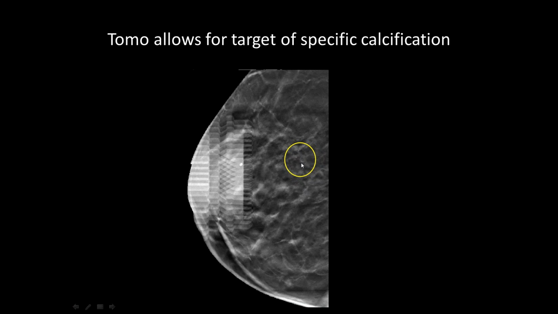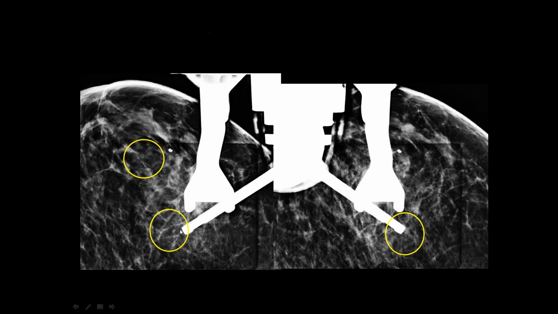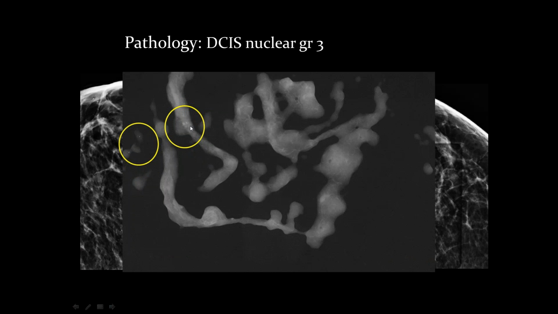This is what I want to target, and then I do my angled pair. Here's a piece of calcium right here, and here's some of the other calcium. But I know that I'm biopsying that one piece of calcium, and lo and behold, I have a decent sample, and this turned out to be ductal carcinoma in situ nuclear grade 3.